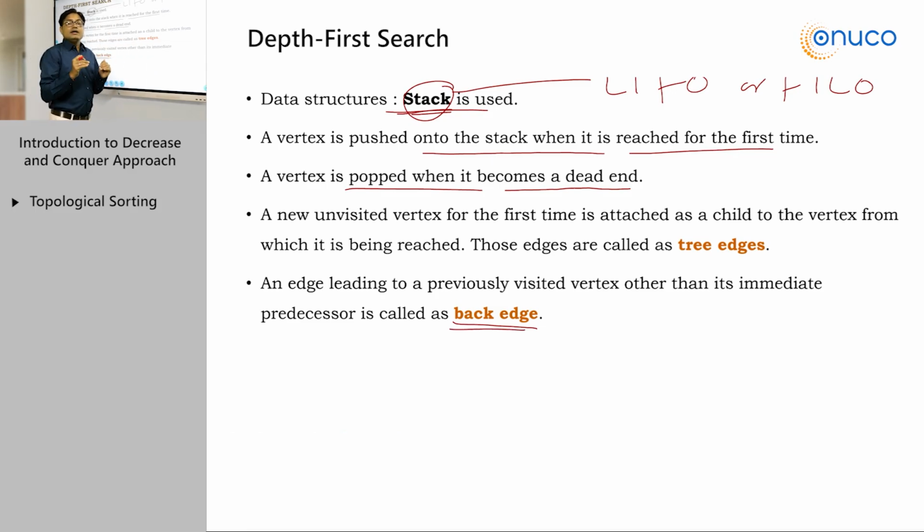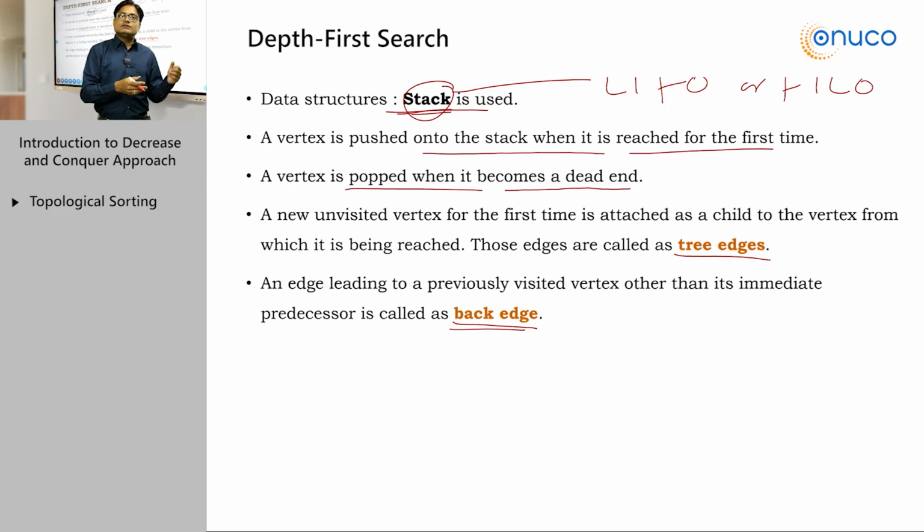And all the edges or paths which are part of your graph after applying DFS or BFS are called tree edges. So if after applying DFS or BFS you get paths like A to B, B to D, D to C, these are all called tree edges. It means these edges are part of your answer.